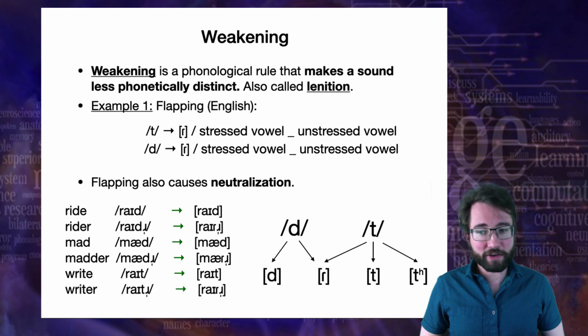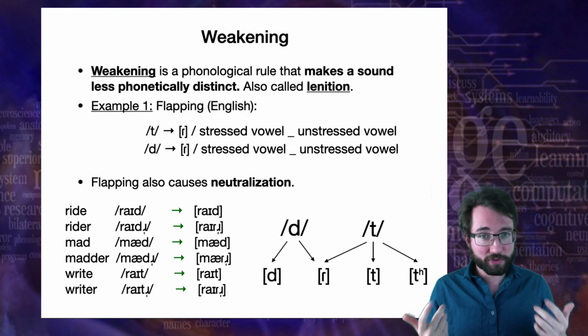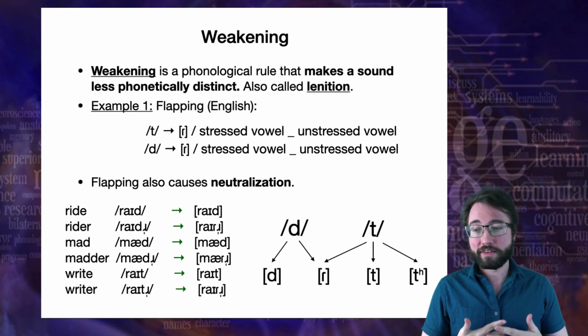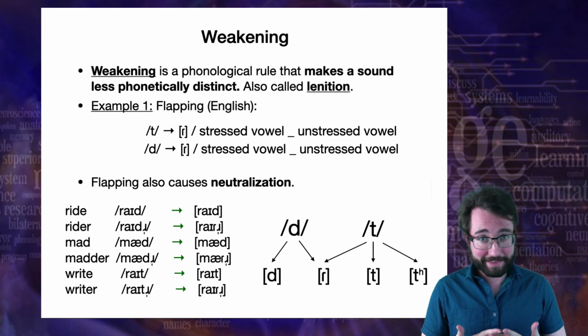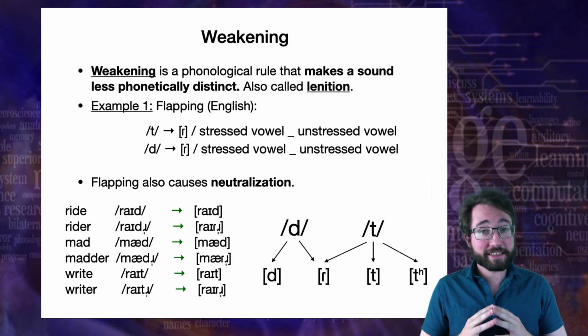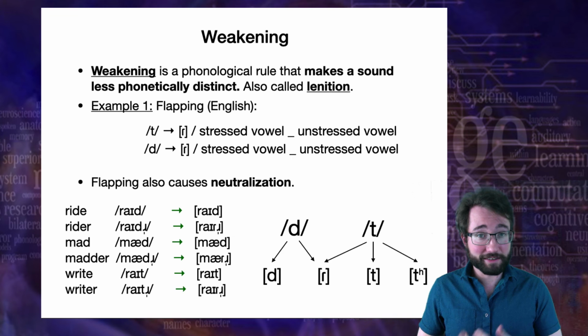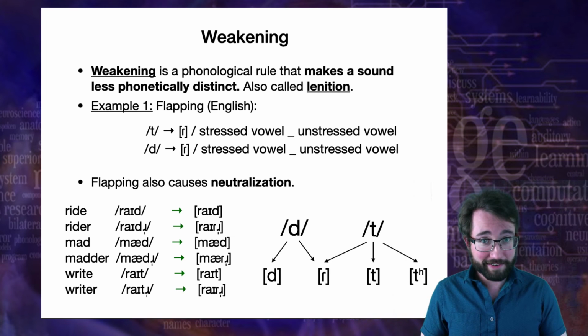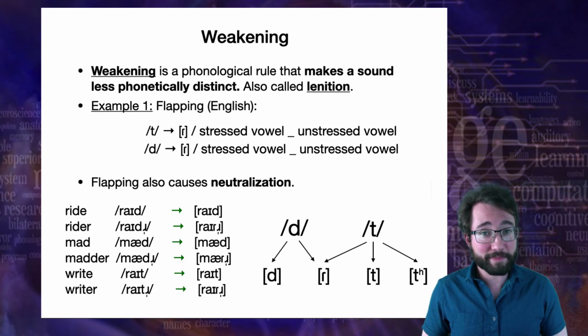This means that you can actually have situations where you have two distinct words which sound the same. So the word right has the phoneme T, and the word writer correspondingly has the phoneme T, since it's a form of the word right. But then that phoneme T is expressed phonetically as the sound r with the flap, writer, and it sounds exactly the same as rider.